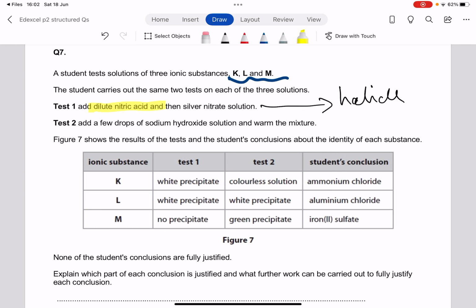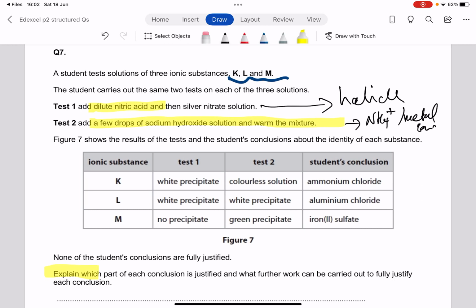That is a precipitation test. That could be testing for metal ions or for ammonium. Okay, so I'm just going to look here, explain which part of each conclusion is justified and what further work can be carried out to justify the conclusion. Look, explain each part.